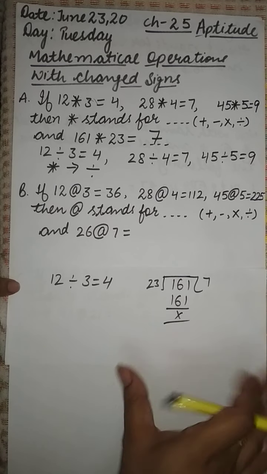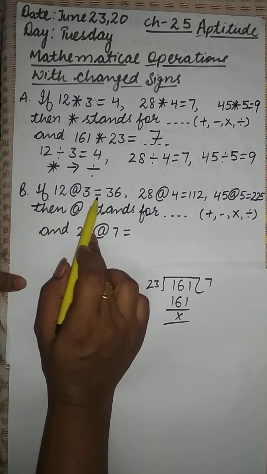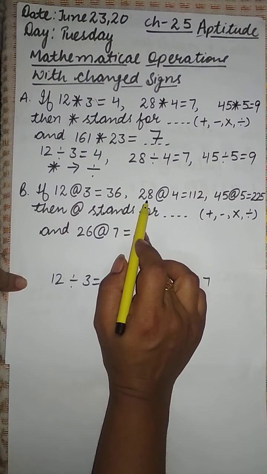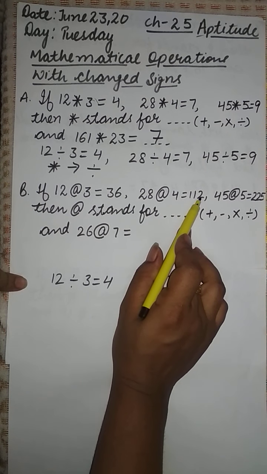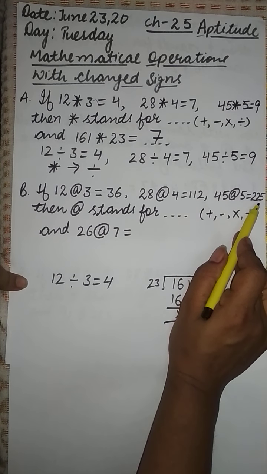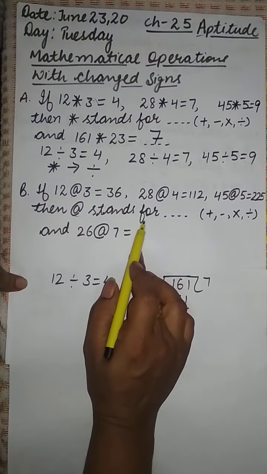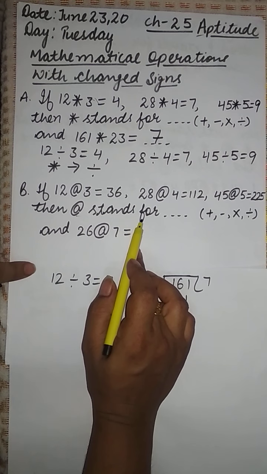Now the next part is the same. Similarly again, if 12 at the rate 3 is equal to 36, 28 at the rate 4 is equal to 112, 45 at the rate 5 is equal to 225, then the symbol at the rate stands for what mathematical operation?